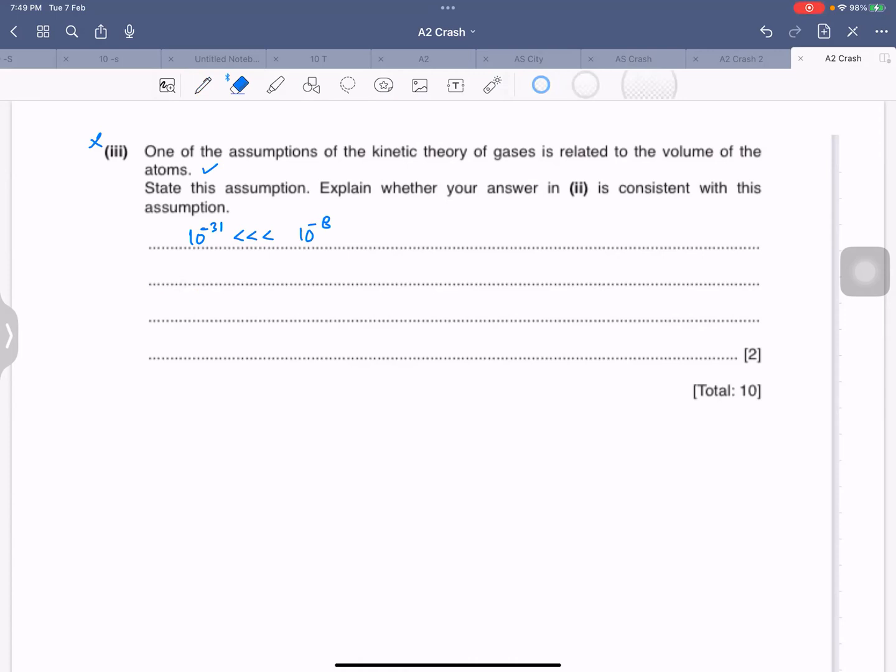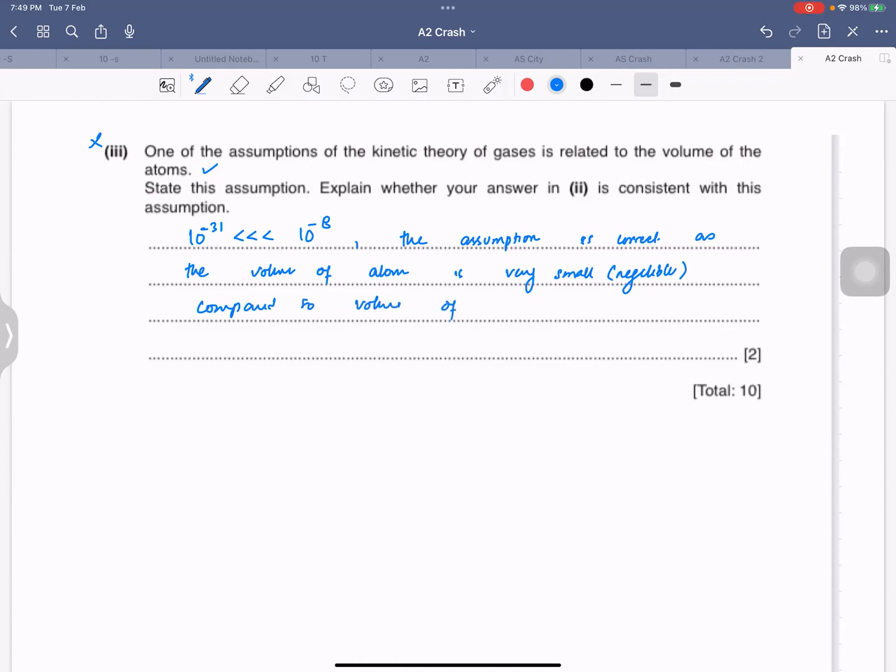So if I were you, I would write that the assumption is correct in this case, as the volume of atoms is very small, or you can write negligible, compared to volume of gas in container.